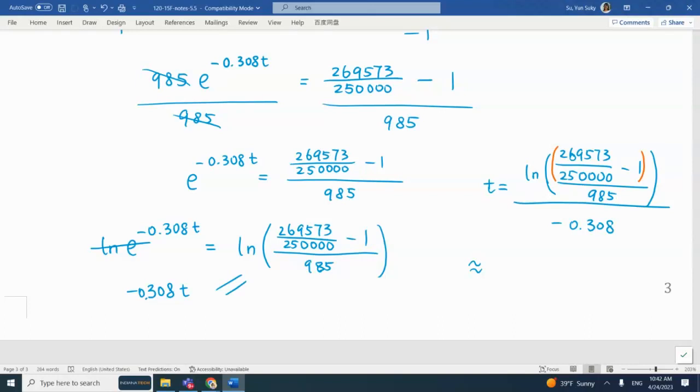It's minus 1 over. See the over 985 contained inside is still inside the log. This is over negative. Here, you need another parenthesis.